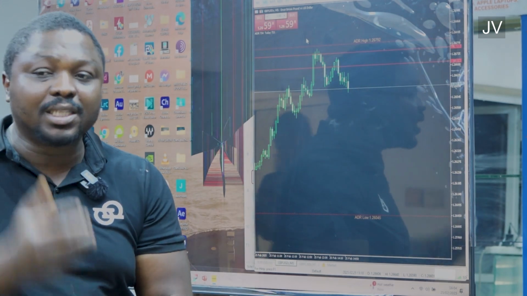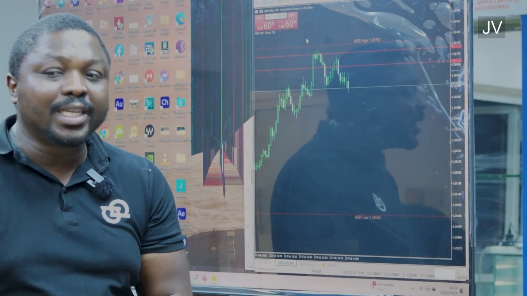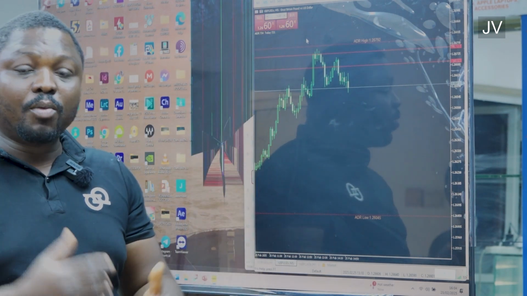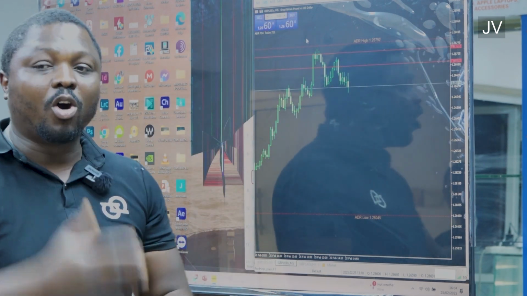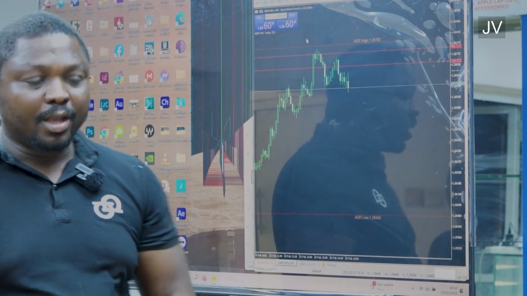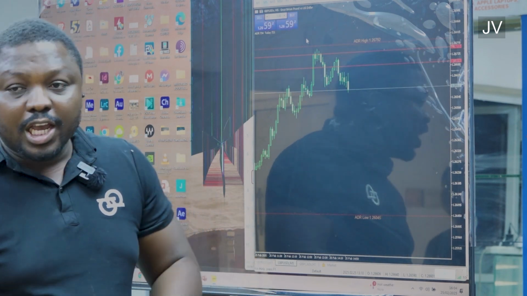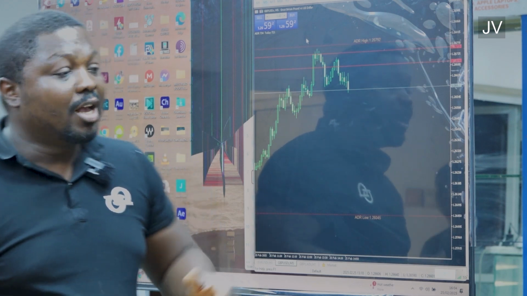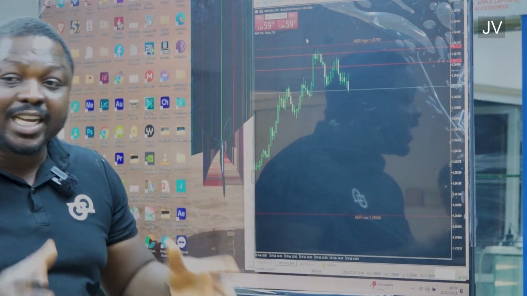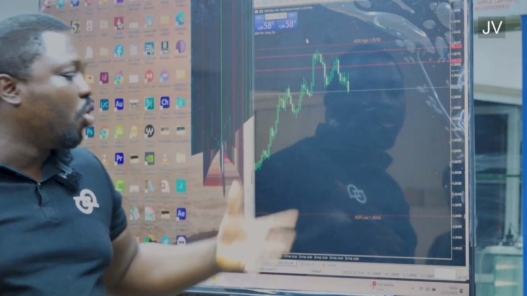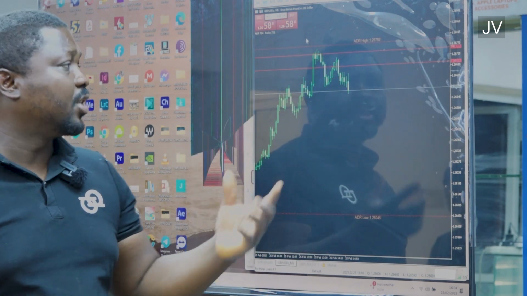They are not going to be making the same money, because the more lot size you use, the more money you will make, or the more you will lose. Now let's use the example of $100. If you use $100 to trade, you deposit it into a broker, and now you have access to the account.